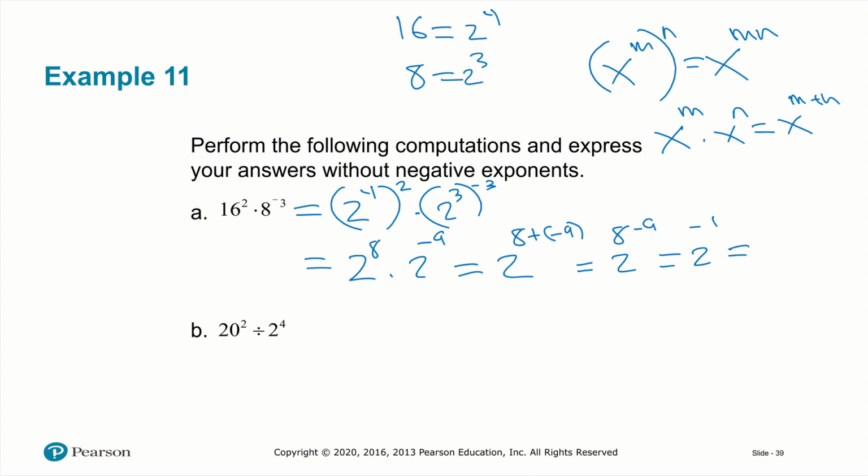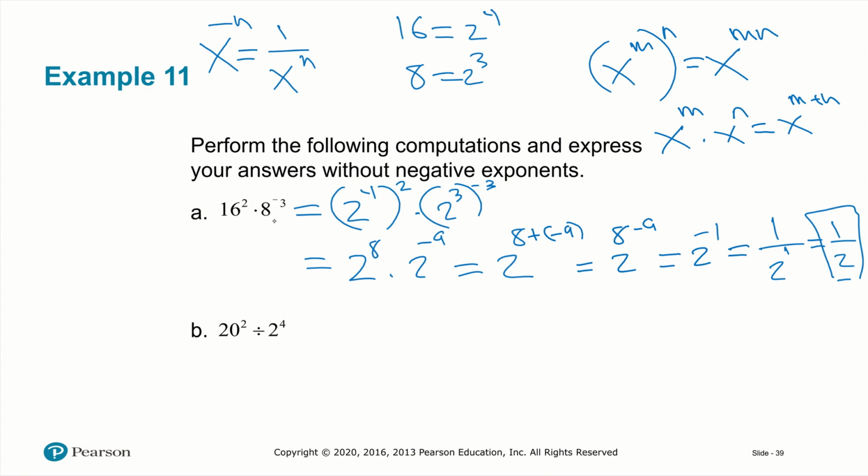Now you normally don't want to give your answers with a negative exponent in them. So we're going to go ahead and use our negative exponent property, which is x to the -n equals 1 over x to the n, to convert that into 1 over 2 to the 1, or just simply 1/2.